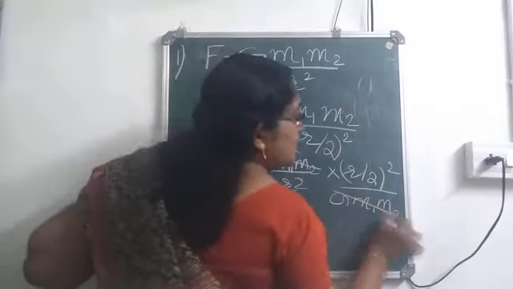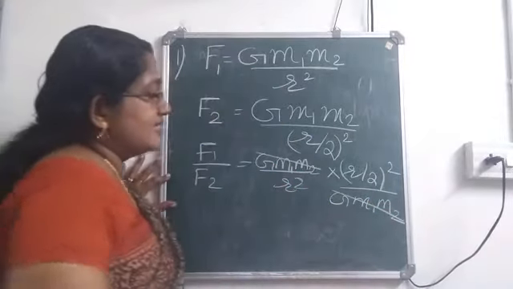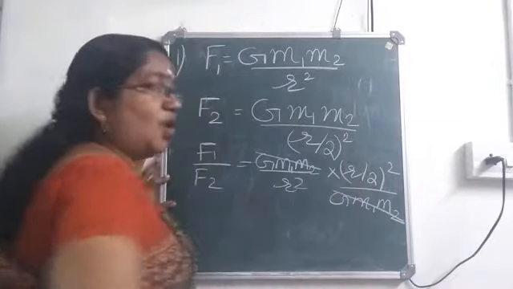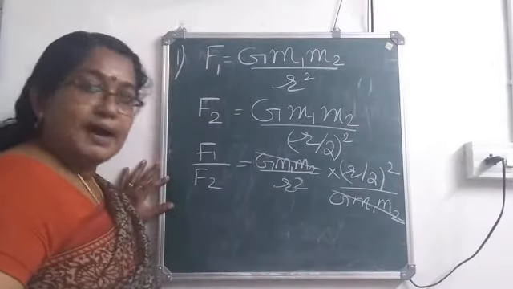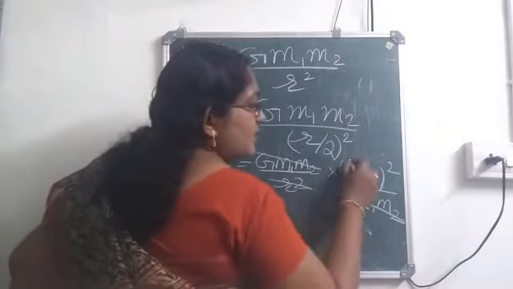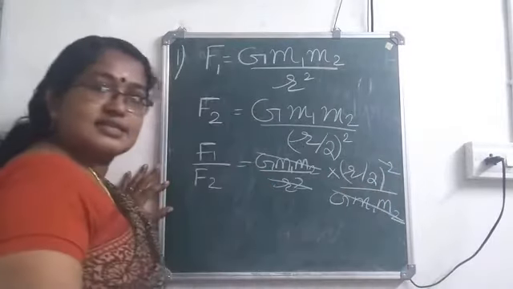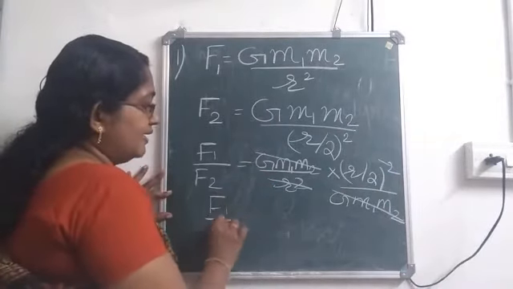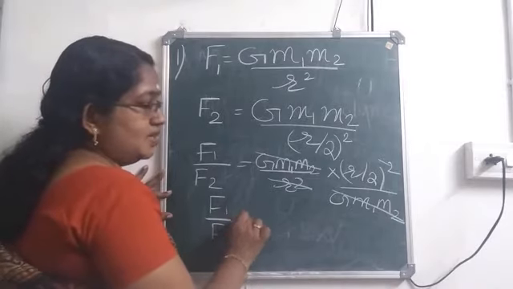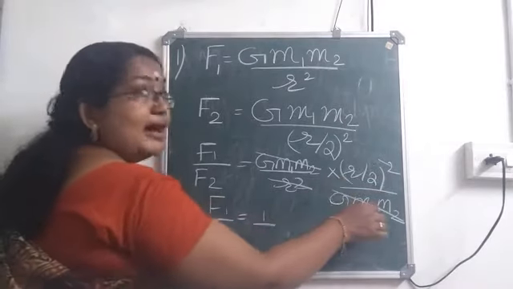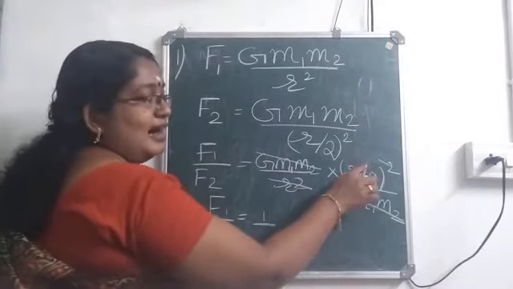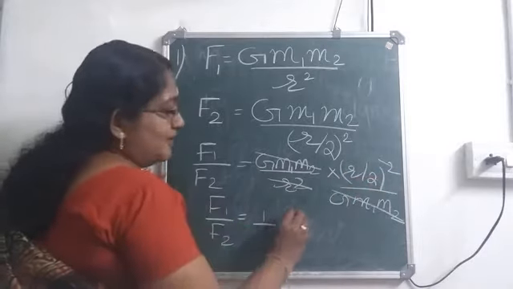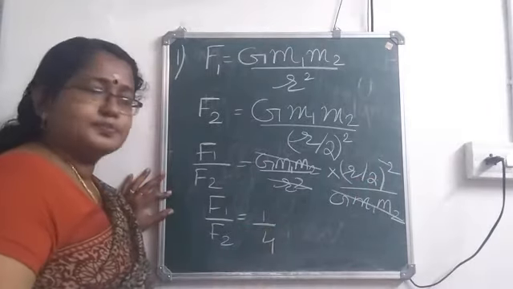G M1 M2 and G M1 M2 get cancelled. Then R by 2 whole square is R square by 4. So this R square and this R square get cancelled. And what are we getting? F1 by F2 is equal to R by 2 whole square, so this will become 1 by 4.